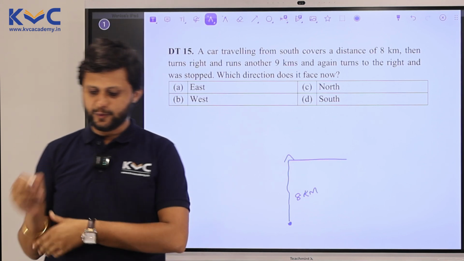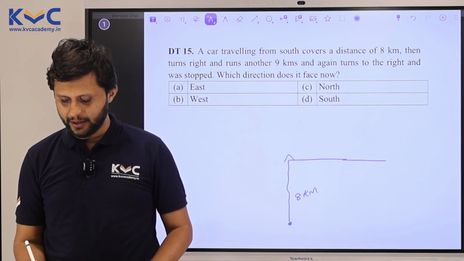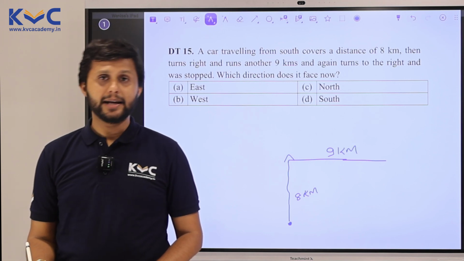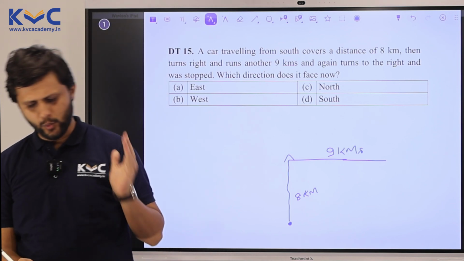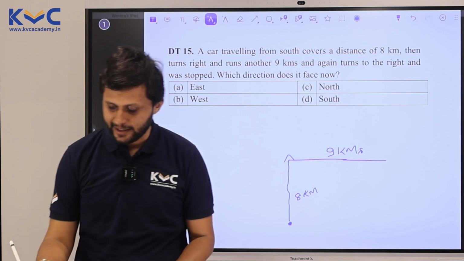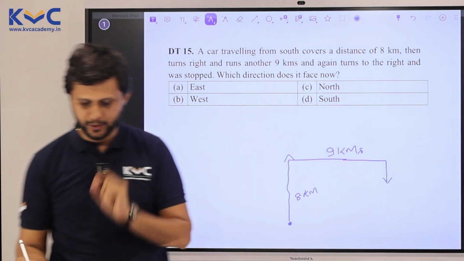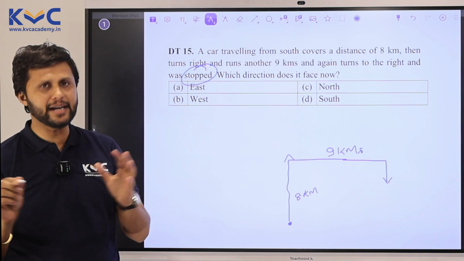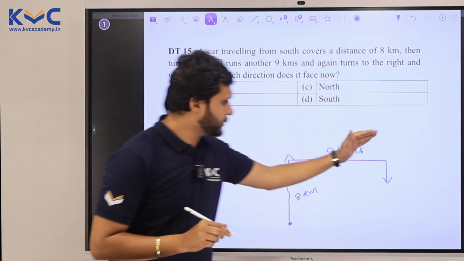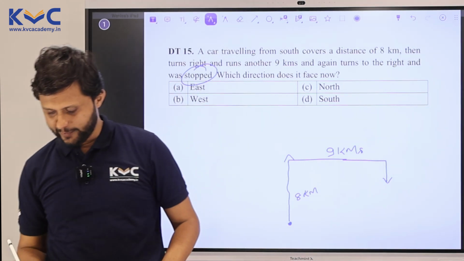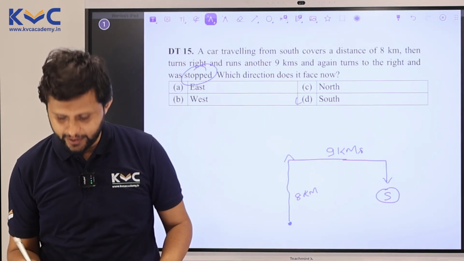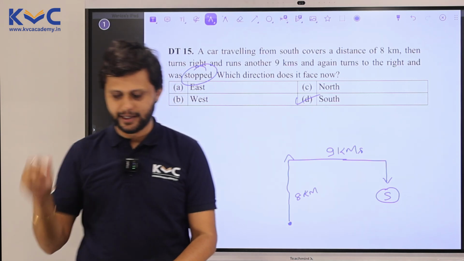Runs for 9 kilometers, so the line should be a little bigger. 9 kilometers done. Turns right again. Now we are going towards east, and turning right is definitely turning towards south. And you stopped here. Which direction are you facing now? It is facing south, which is in option D, and that's the right answer.